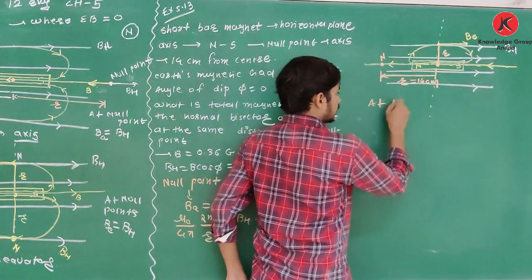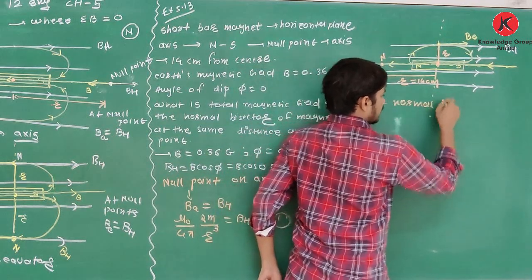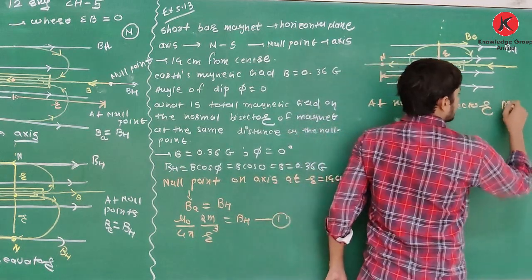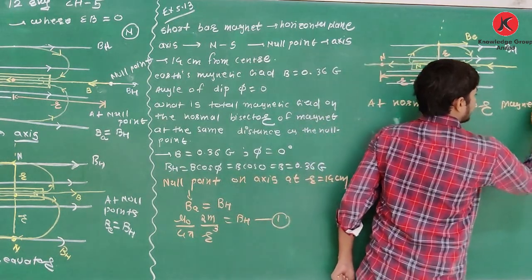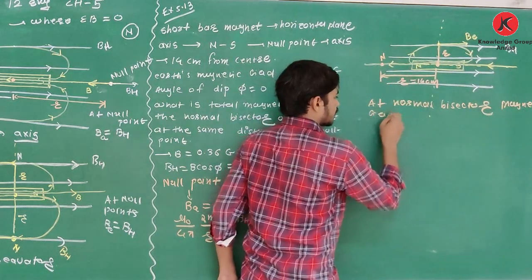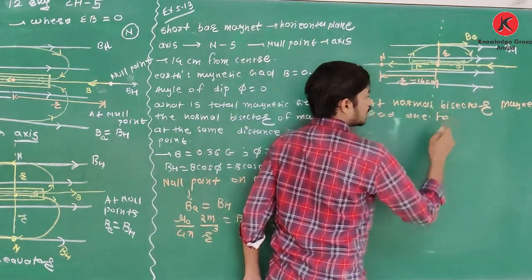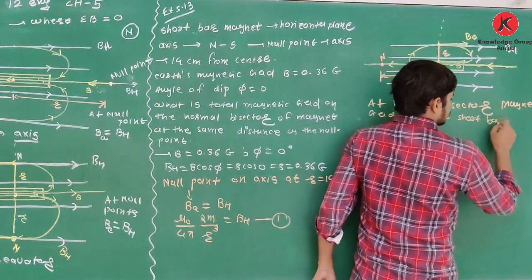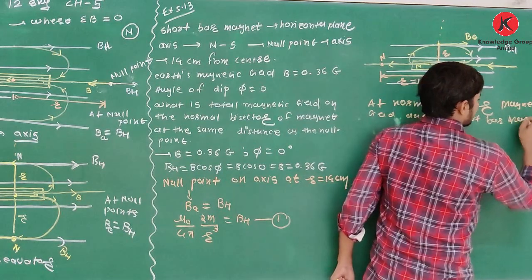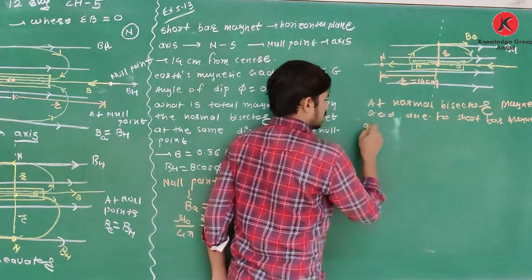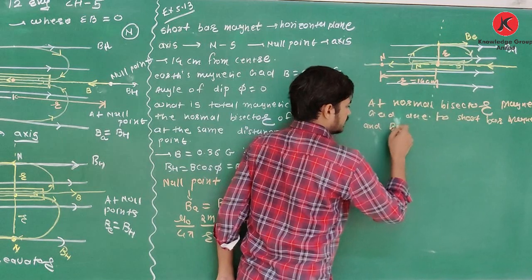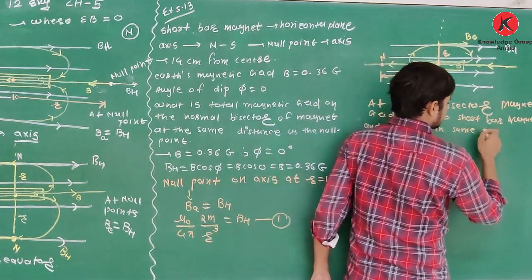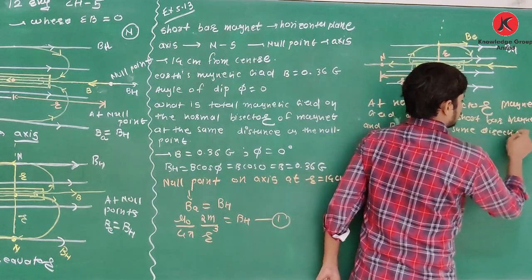So see, at the normal bisector, the magnetic field due to the short bar magnet and BH, they are in the same direction.